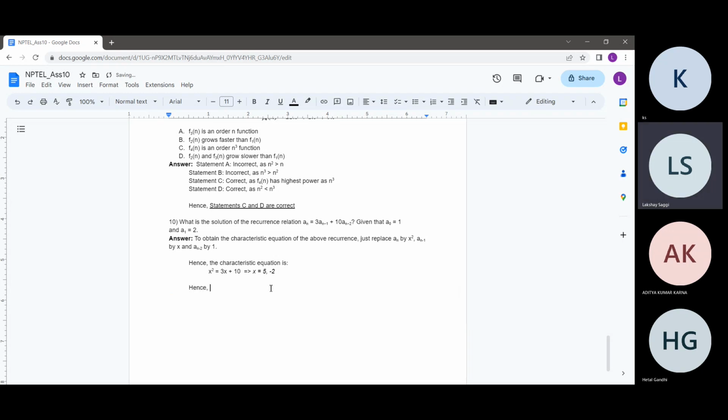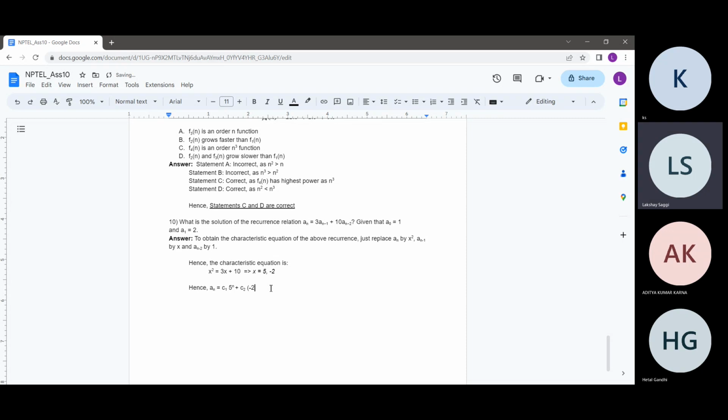So the general term a_n will be written as, as you guys have seen in the lectures also, a_n will be nothing but a constant c1 times root 1 raised to the power n, so c1 times 5 raised to the power n, plus c2 times the other root raised to the power n, basically a linear combination of two roots raised to the power n.